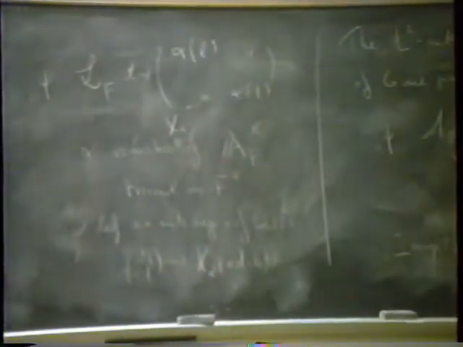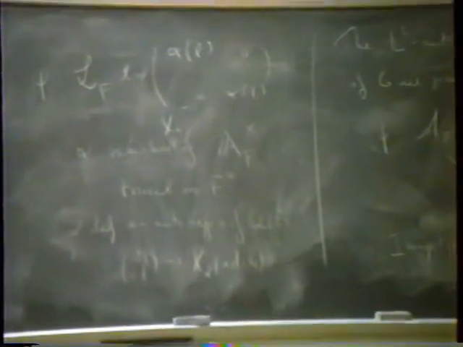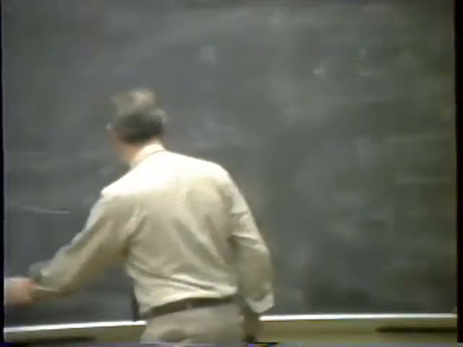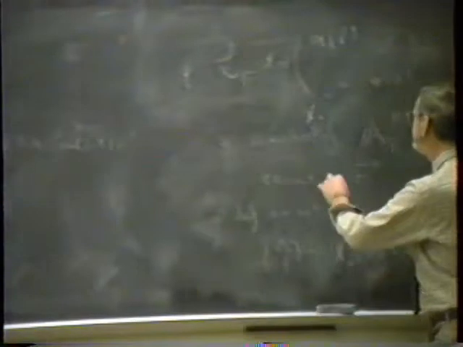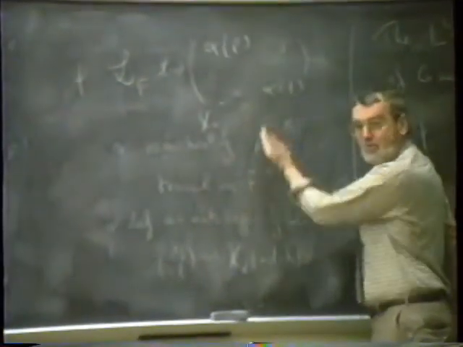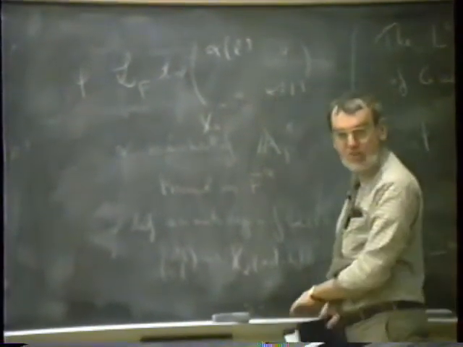So in verifying Arthur's conjecture for GL2, say in this case, we don't really have to know about L of F, we just have to know what the one-dimensional representations are.